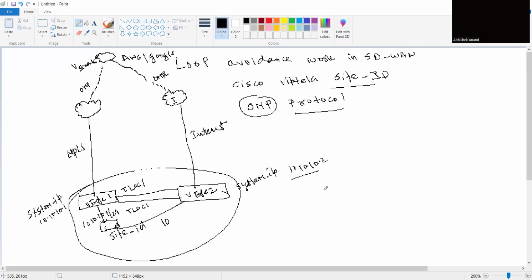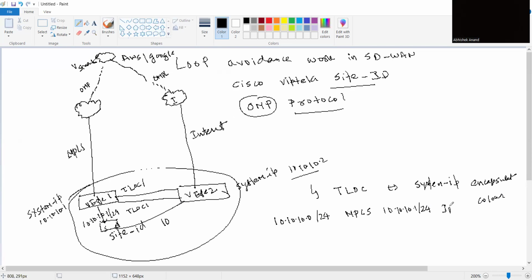So what will happen? The TLOC is system IP, encapsulation and color. Okay. So this 10.10.10.0/24 will be advertised with the MPLS color, the system IP 10.10.10.1 and IPsec.